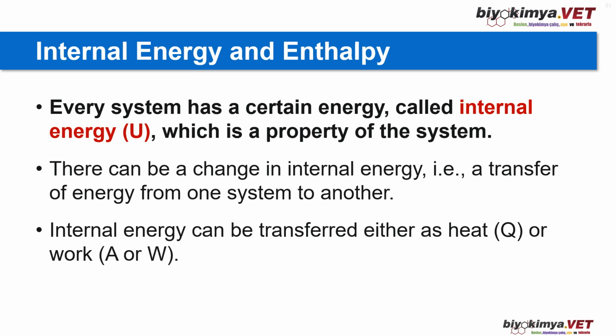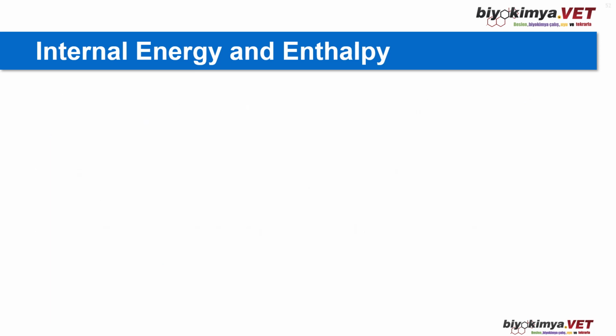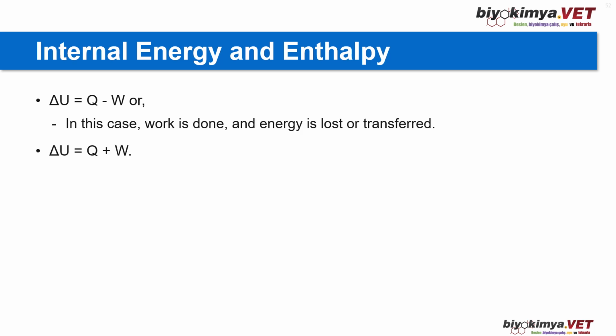And internal energy can be transferred either as heat, which is represented as Q, or work, A or W. There were two formulas presenting the change in internal energy, heat and work.